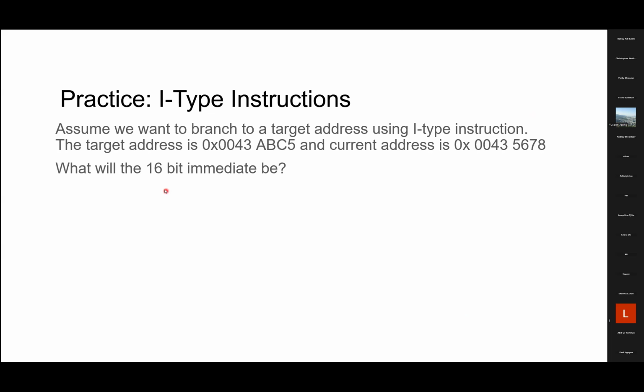Then let's do some practice. Assume we want to branch to a target address using an I type instruction. The target address is this one in hexadecimal, and our current address is this one in hexadecimal. What will the 16-bit immediate be?